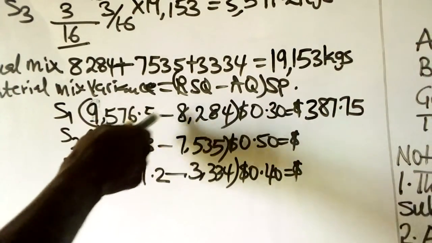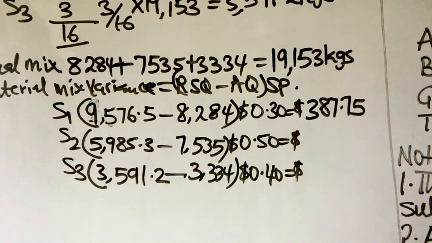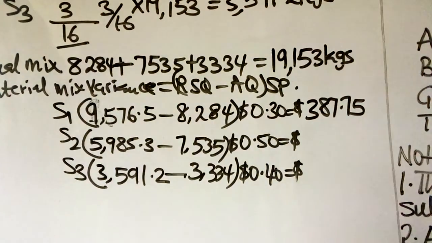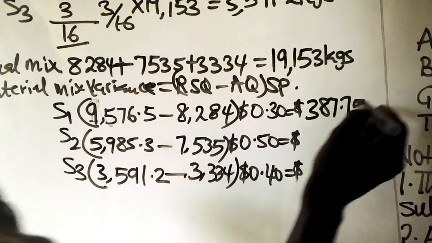The revised standard quantity is greater than the actual quantity. That means the actual quantity you use in production is less than the standard. So that is to show that it is a favorable variance.